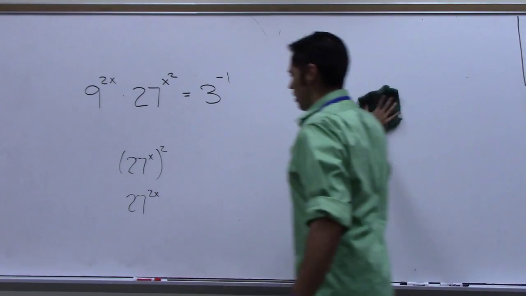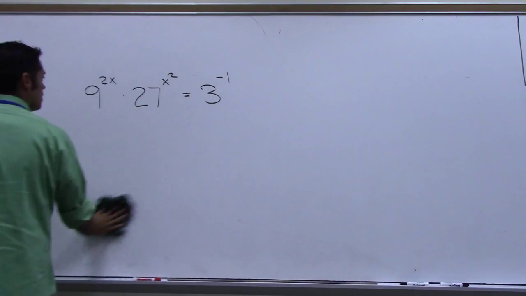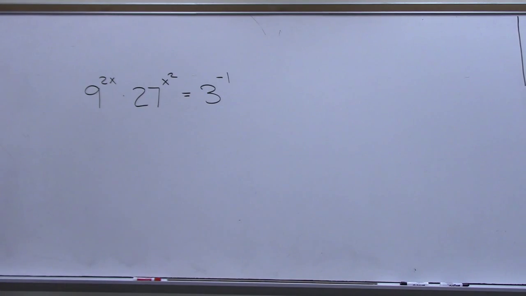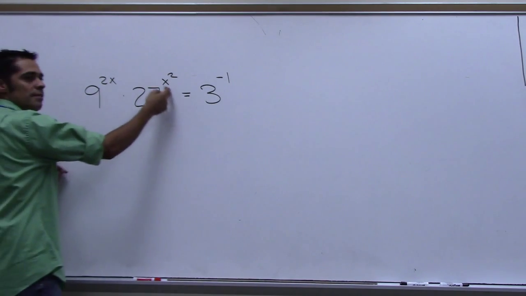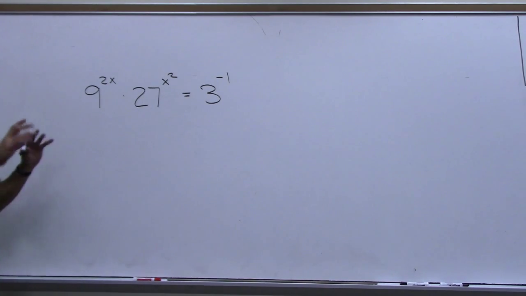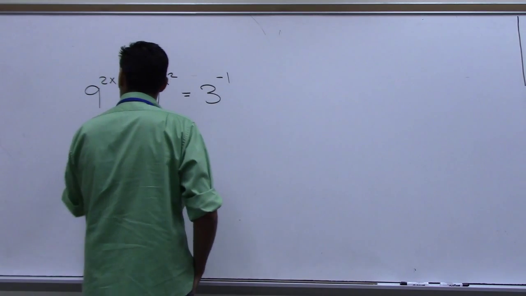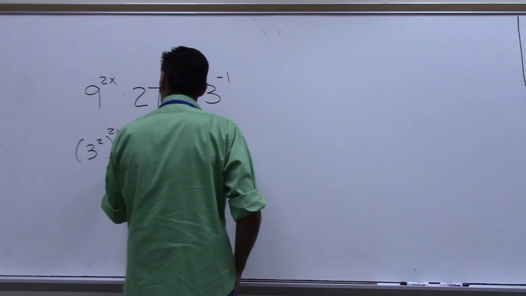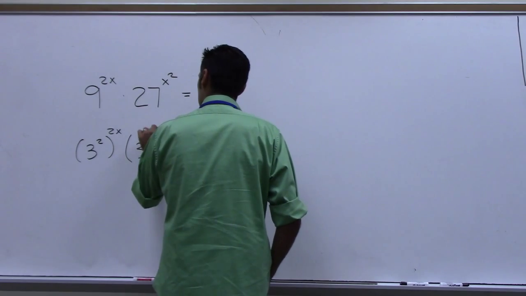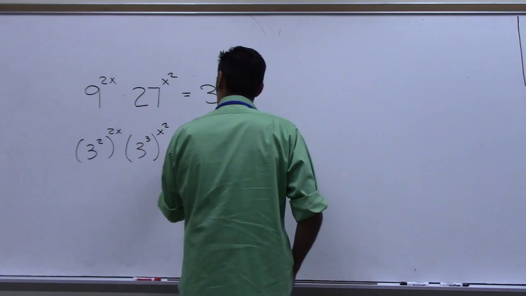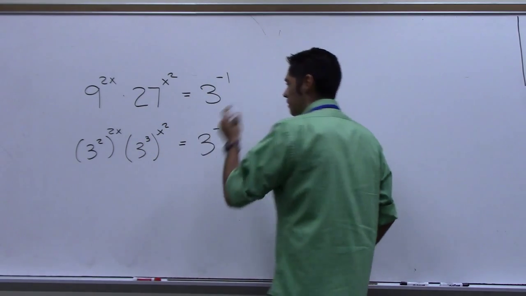But let's get back to what we're trying to do here. This is an exponential equation. The exponent has the variable in it. So we need to somehow get these things to match on both sides. Does everyone see the base 3 is common to all of these? So I'm going to rewrite 9 as 3 squared, and 27 as 3 cubed, and then the right side 3 to the negative 1.